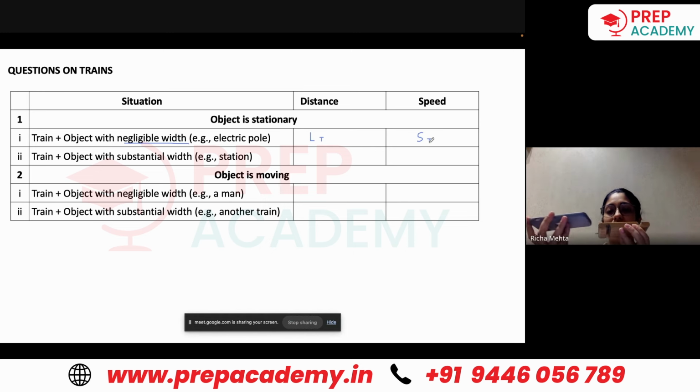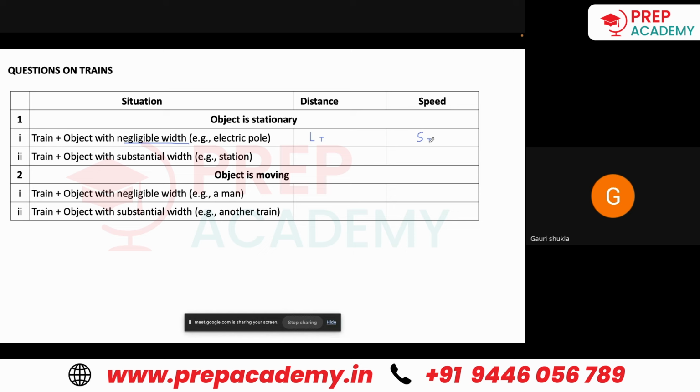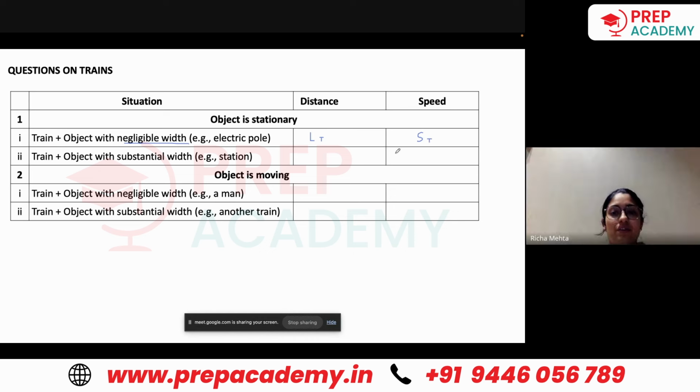So in this case, to find the time, what speed will be considered? The speed of the train. But what will be the distance considered? Length of the train and the platform. Very good. So the distance considered will be length of the train plus length of the object, and speed will be only the speed of the train.